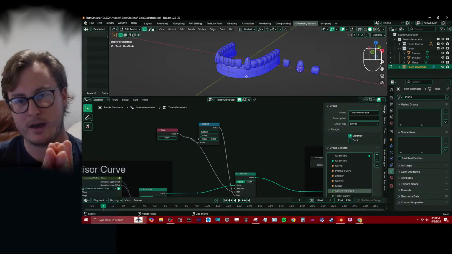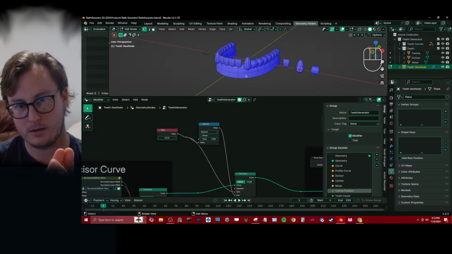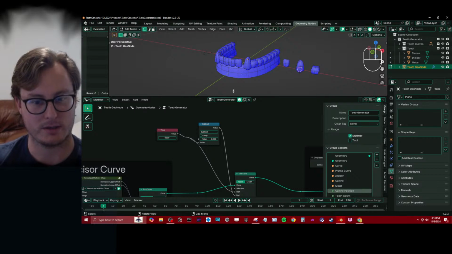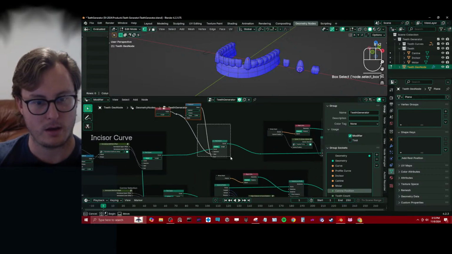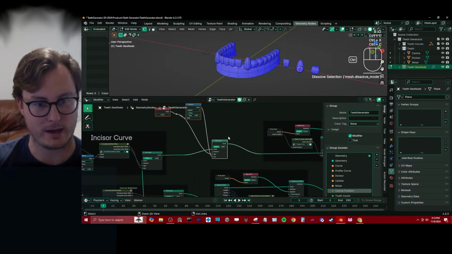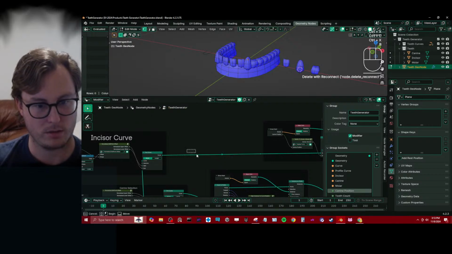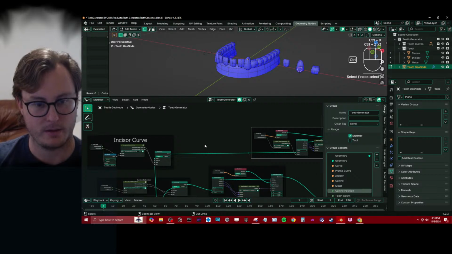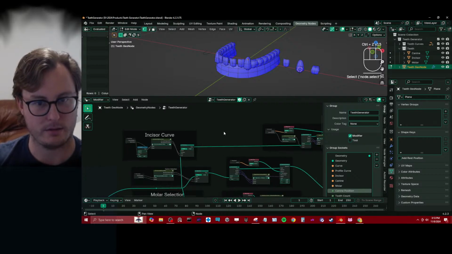Yeah, I want to do that. Exactly what I just did. Okay. So what I want to adjust is not the trimming. I want to adjust the canine position.